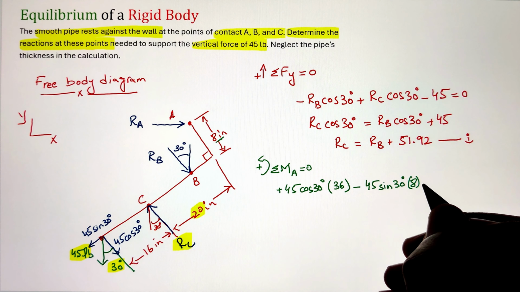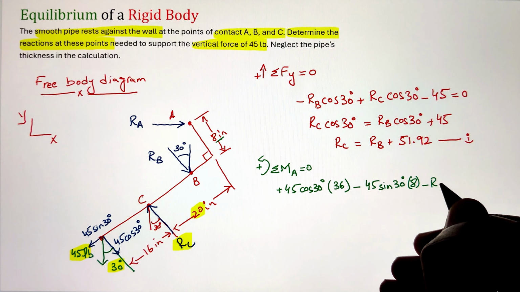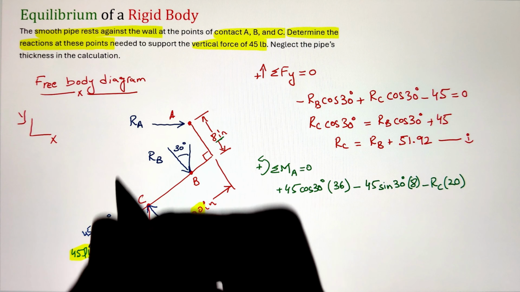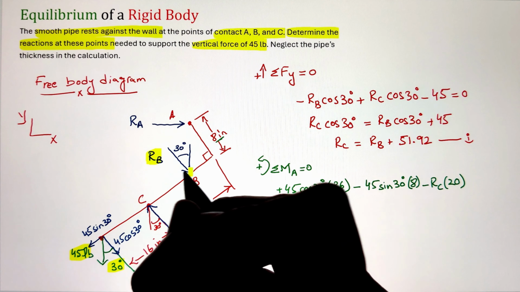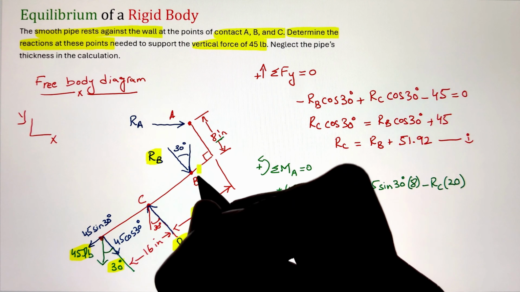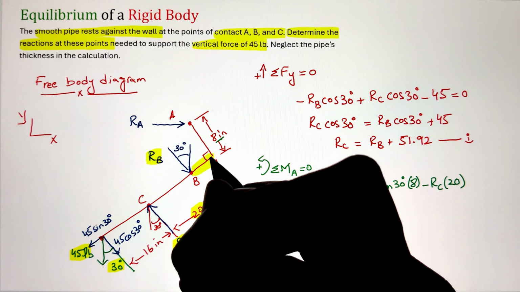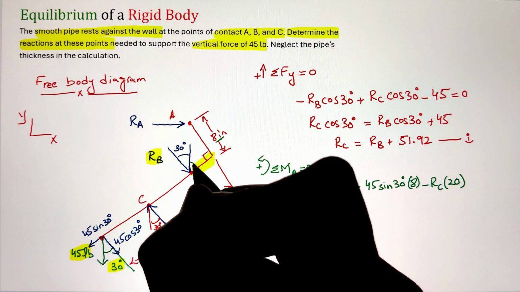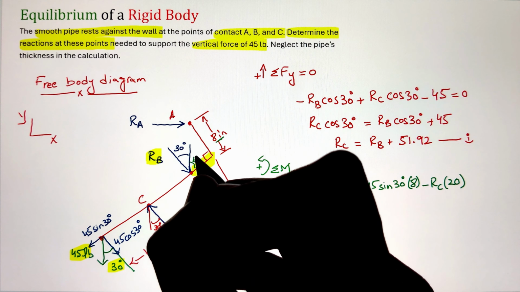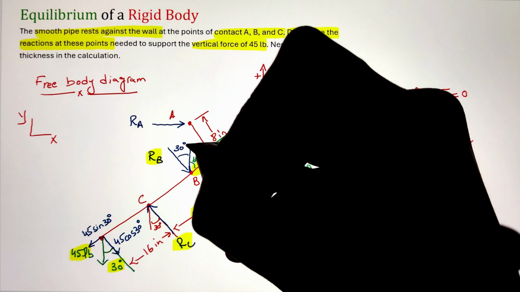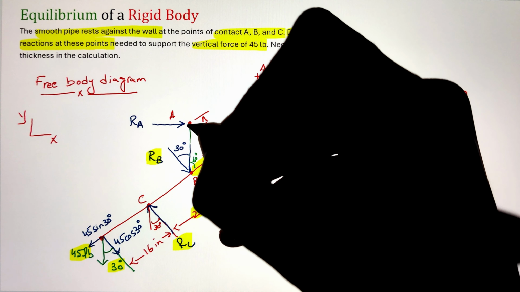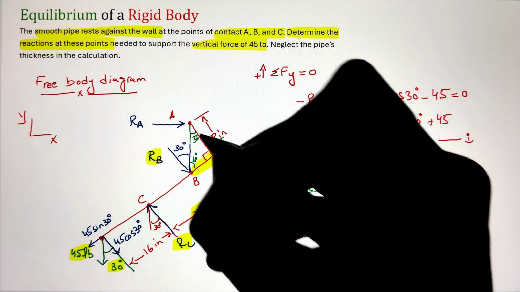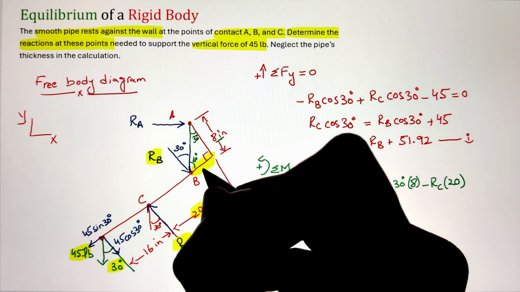Next, I have Rc. Since the moment arm is already given to us, that is 20 inches, we don't need to resolve this force as we already have the perpendicular distance from point C to point A. In this case, it is also creating a clockwise moment, so I have negative Rc times 20. Finally, for Rb, we have to identify the moment arm, that is the perpendicular distance from point B to point A. To calculate that, we can utilize our trigonometric relations.